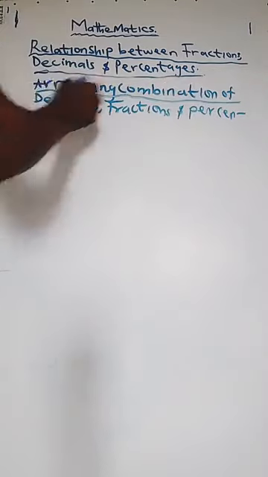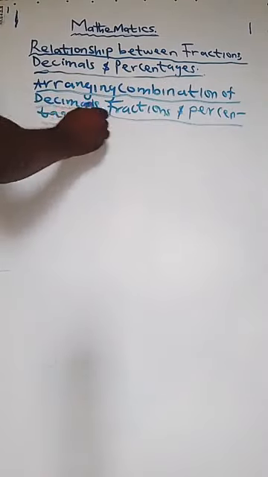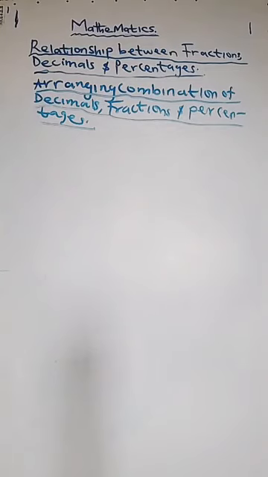Under this topic, we want to look at how we can arrange a mixture of numbers that are fractions, decimals, and percentages. So when you're given a set of numbers that contain decimals, fractions, and percentages, and you have to arrange them either in ascending order, that is from the smallest to the largest, or in descending order, from the largest to the smallest, you should be able to do that.